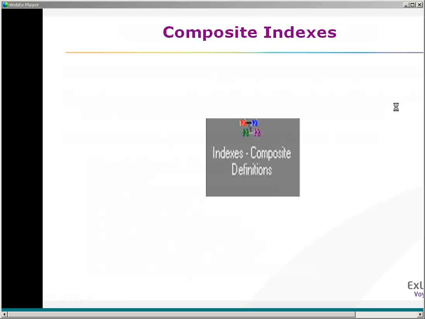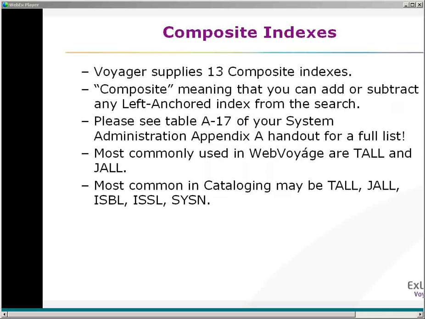Okay, let's talk about composite indexes. Voyager supplies 13 composite indexes for you. And composite means that you can add or subtract from these. While you can't change the left-anchored indexes and the heading indexes, you can change what's linked to a composite index.